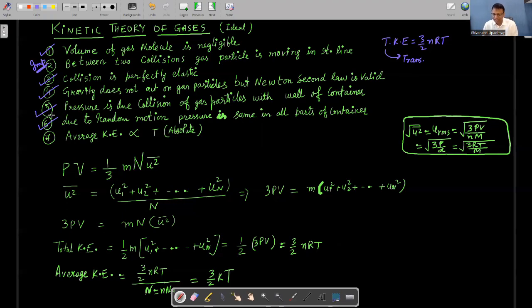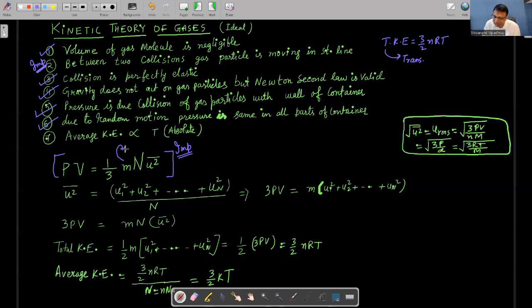So with the help of these, we will be able to prove that PV is equal to 1 by 3 m N u square mean. This is also important. PV is equal to nRT, and this is other form of ideal gas equation. P is pressure of gas, V is volume of container, m is mass of one gas particle, and same type of gas is there.